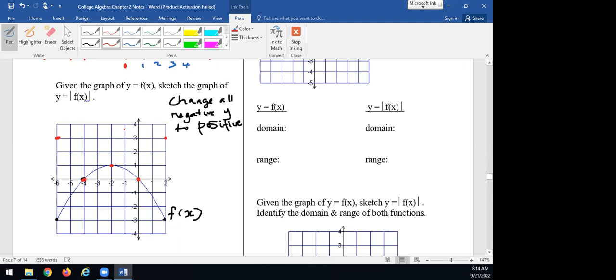And then go ahead and draw your graph. And this now is going to be the graph of y equal to the absolute value of f of x. So all we did is we changed all the negative y coordinates to positive. That's all you do to get your new graph.